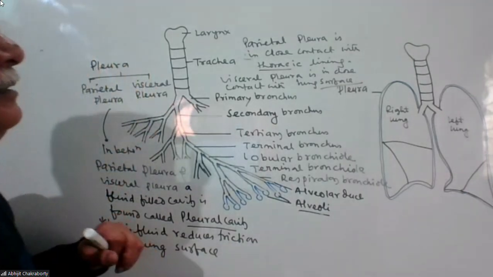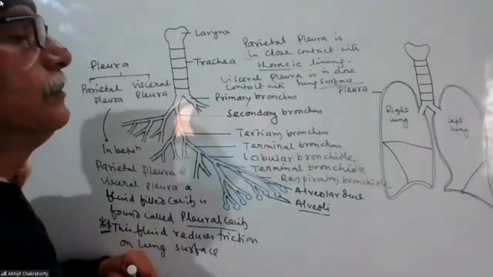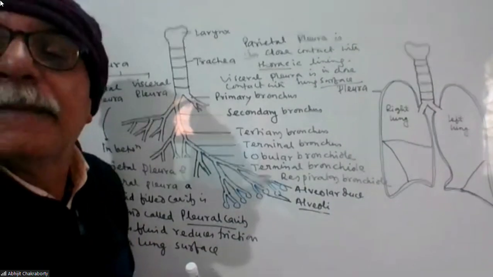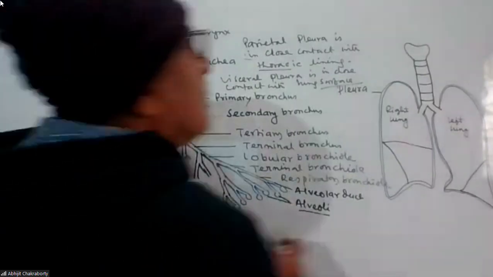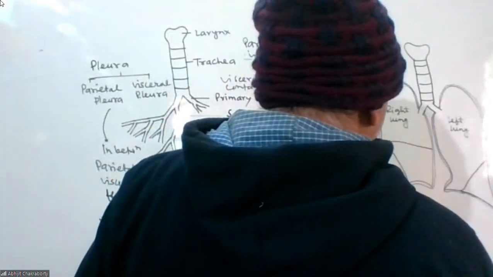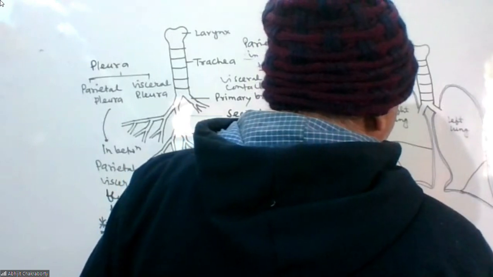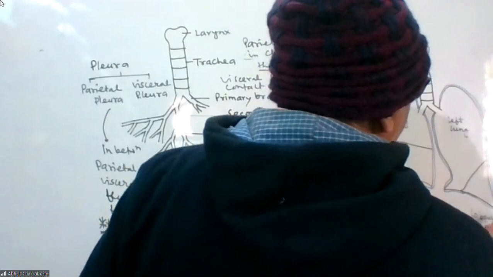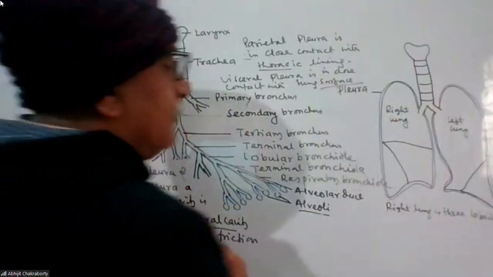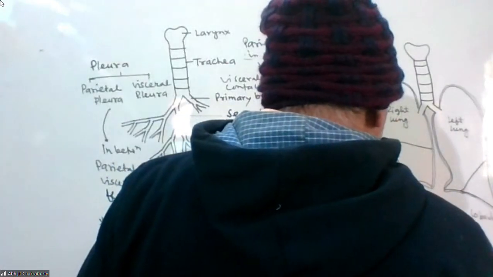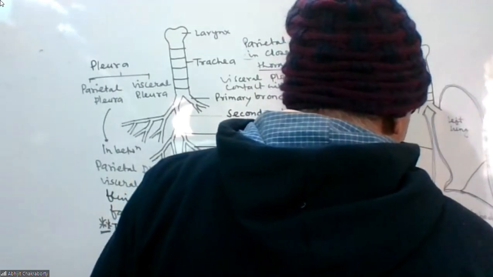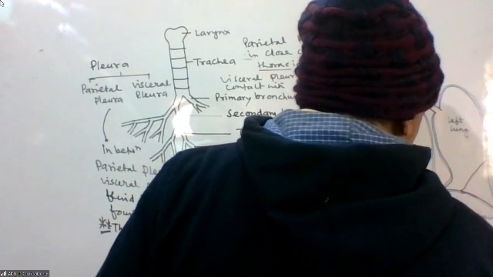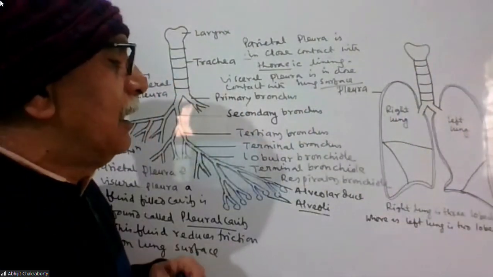Now regarding the chambers, right lung is three-lobed, left lung is two-lobed.